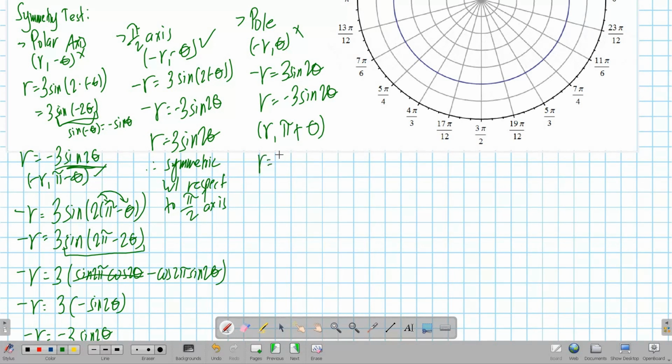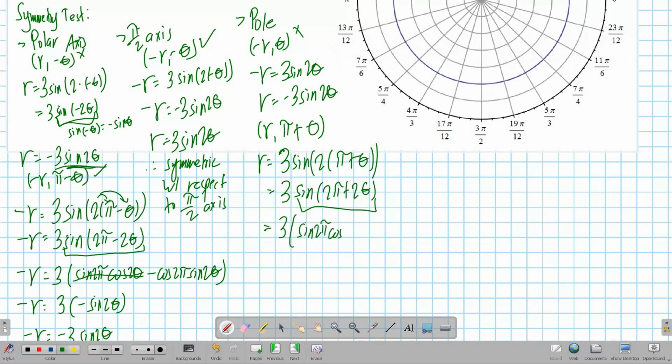What about if we change it to r and then pi plus theta? So r will be equal to 3 sine of 2 times pi plus theta. Therefore, this will be equal to 3 sine of 2 pi plus 2 theta. We have to expand this using a sum identity. It becomes 3 multiplied by sine 2 pi cosine 2 theta plus cosine 2 pi sine 2 theta.